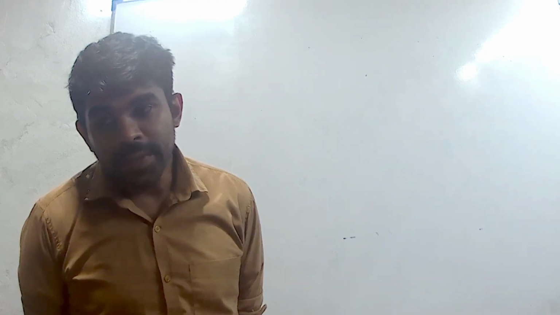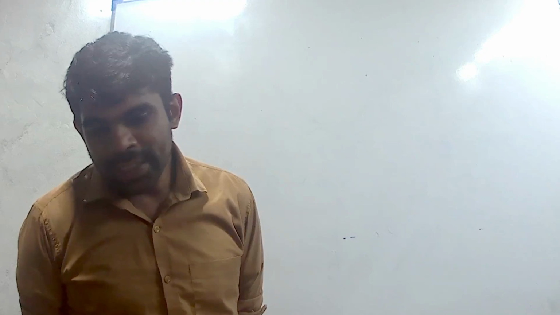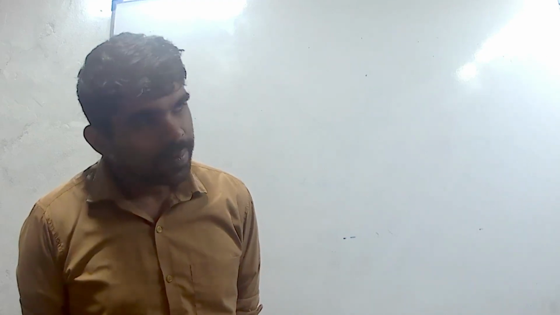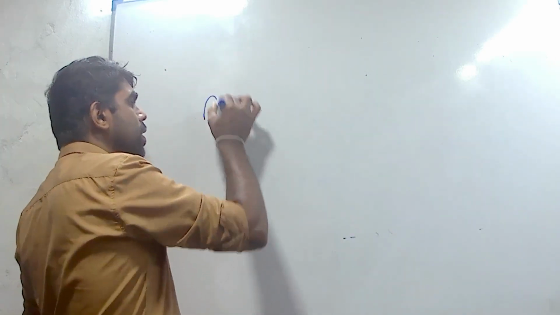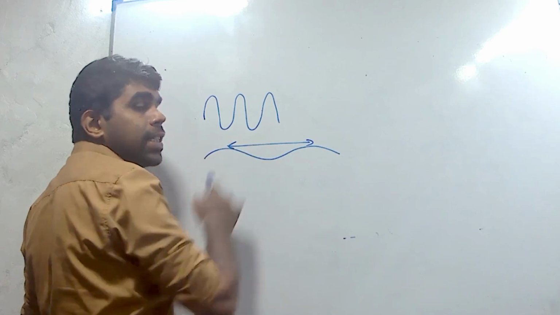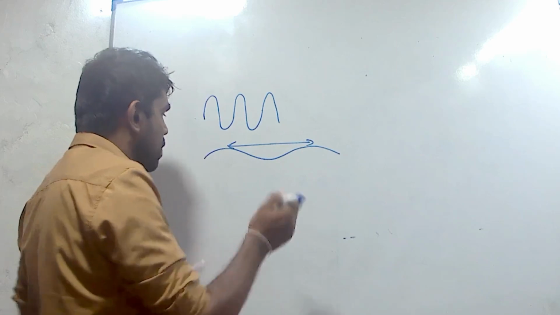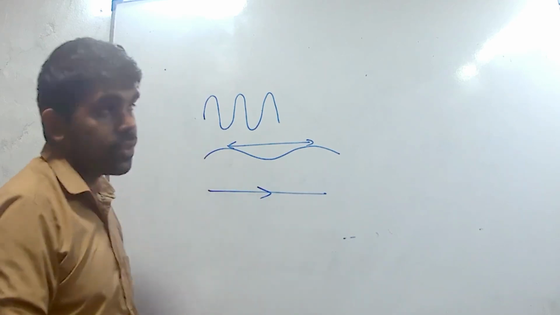When comparing visible light and FM radio waves, we know that visible light has a high... a very short wavelength, so we consider visible light as rays.